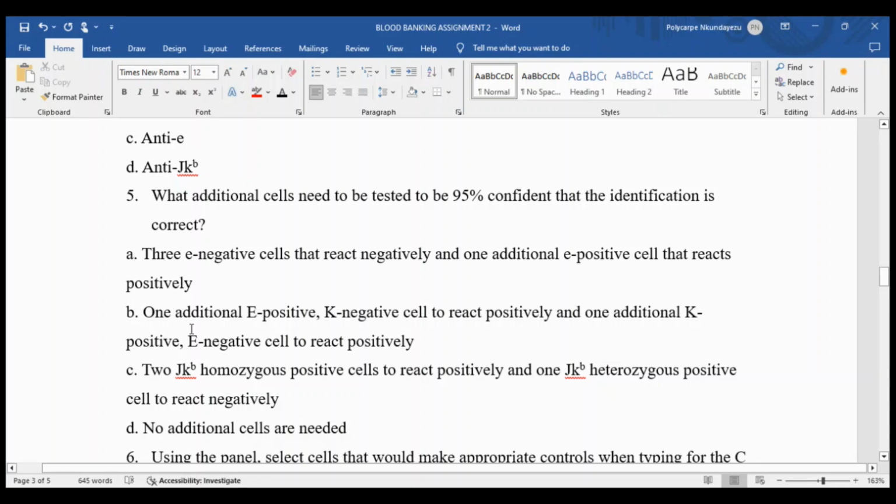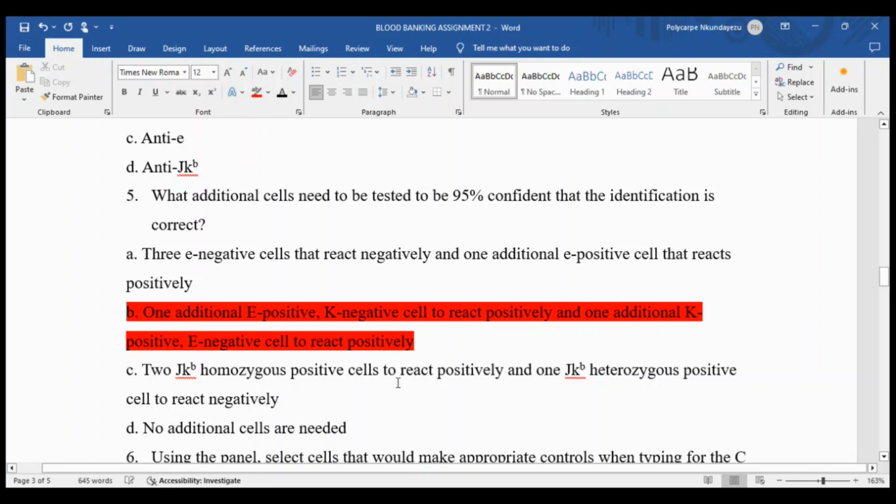B, one additional E positive and capital K negative to react positively, right? And one additional K positive and E negative to react positively. So this one must be the answer, isn't it? So it means we are going to test an additional E positive cell but K negative cell to react positively.